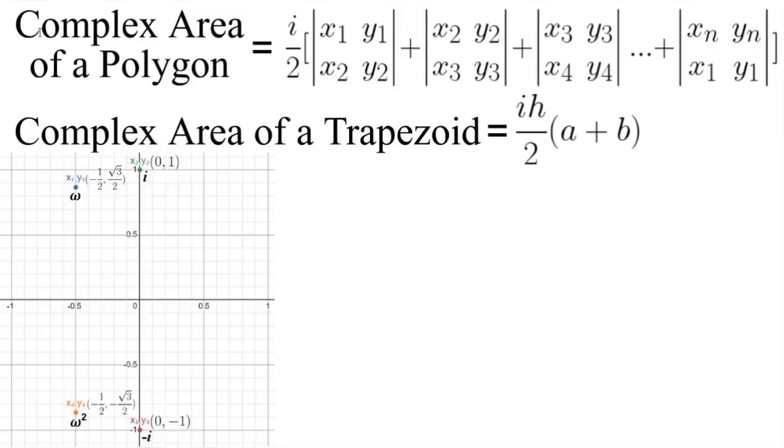So this is the formula for the complex area of a polygon on the Gaussian plane, and it is equal to i, the imaginary unit, root of minus 1, by 2 into the sum of matrices of two vertices of the polygon taken at a time. So we have the matrix of x1, y1, x2, y2, plus the matrix of x2, y2, x3, y3, and so on until the matrix of xn, yn, x1, y1, where n is the number of vertices in this polygon.